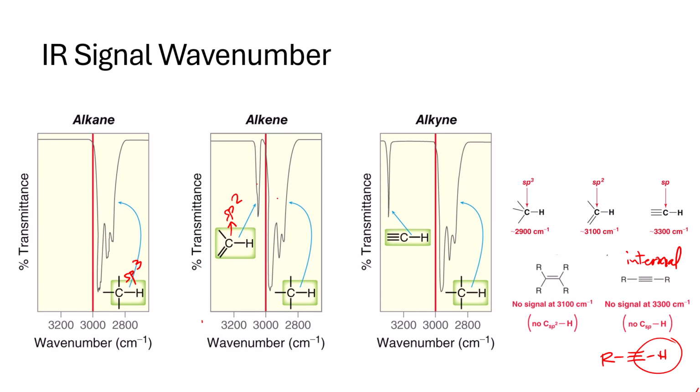And for alkenes, the signal with the H is lost in this structure because this is a tetra-substituted alkene. But if you have this one, for example, which is di-substituted, you have two H's, and this will give a signal right here. But this one will not, so no signal in that region because it lacks the hydrogen. Okay, so later we're going to be analyzing a spectrum using these features.